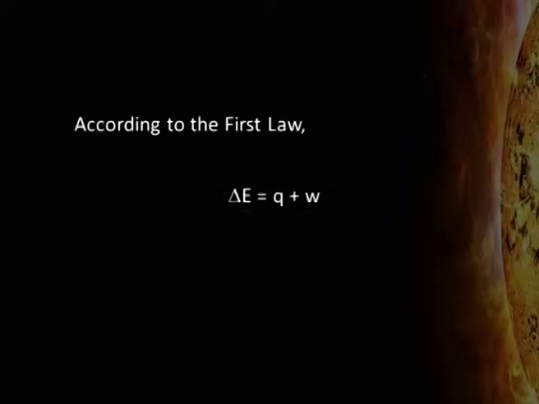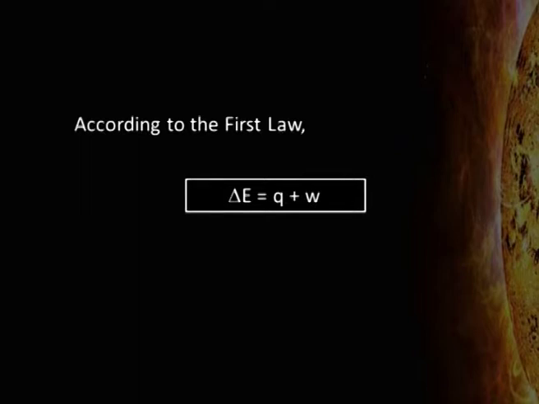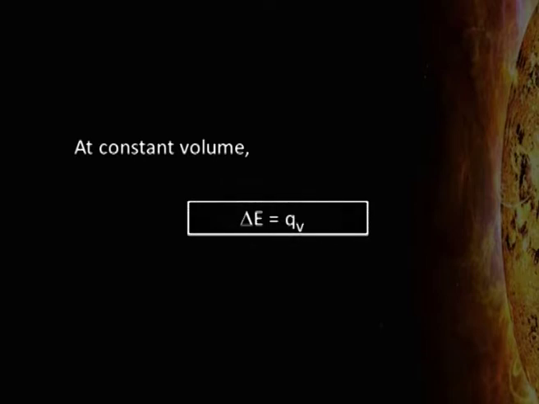Calorific values of many gaseous fuels are measured at constant volume conditions, that is in closed calorimeters. Hence, volume does not change. As from the first law, you know that delta E is equal to Q plus W, where W is minus P delta V. At constant volume, delta V will come out to be 0 and delta E will be equal to Q. Hence, at constant volume, delta E equal to QV.